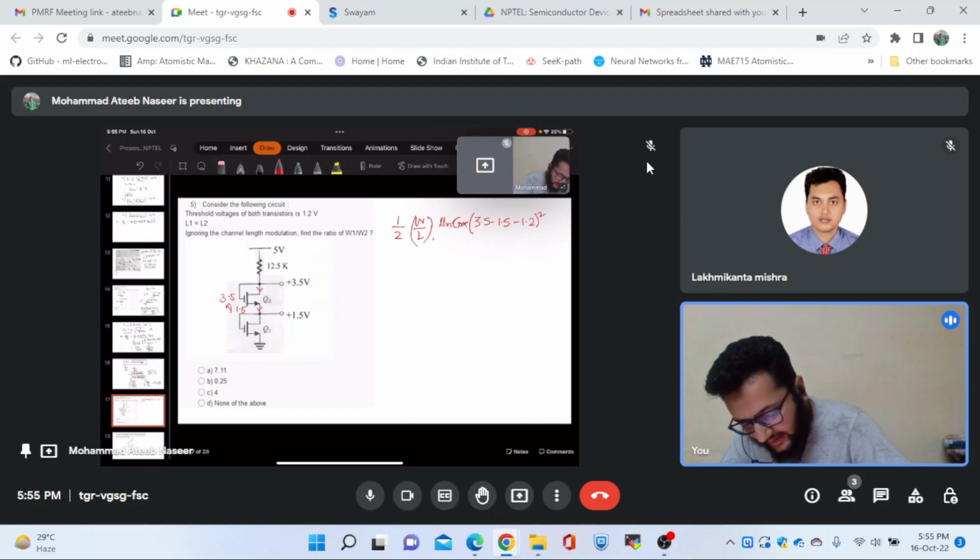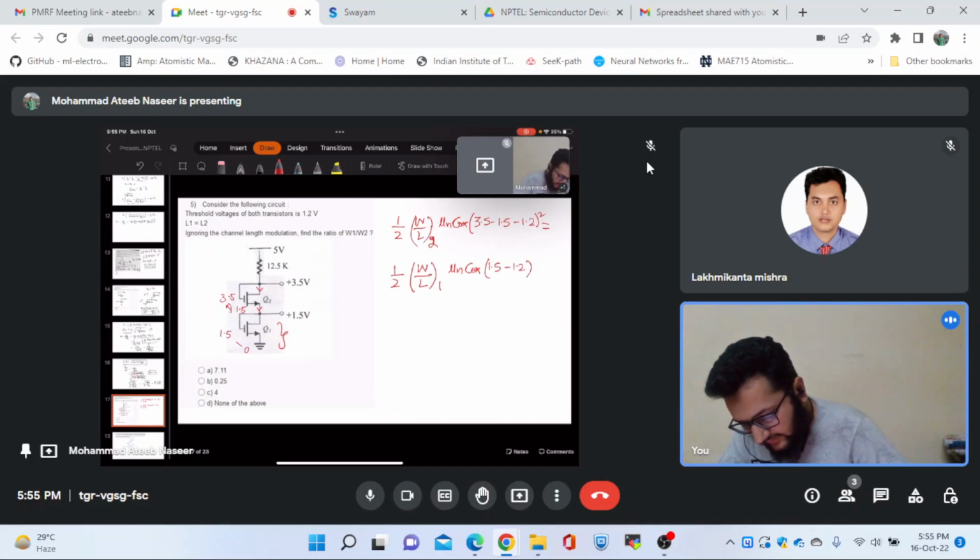Let me write down this as 2 and this as 1. This has to be equal to 1 by 2 W by L of transistor 1, mu n Cox, and VGS is 1.5 minus 0, and VTH is 1.2.